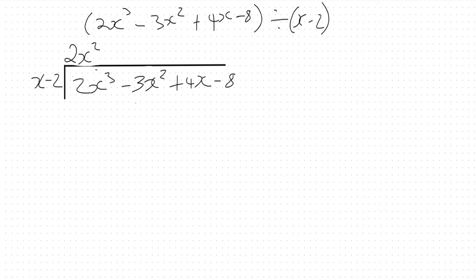So 2x squared times x, that's going to give us back our 2x cubed. 2x squared times -2, that's going to give us -4x squared, right? 2 times 2, 4, x squared, yes. And then we subtract.